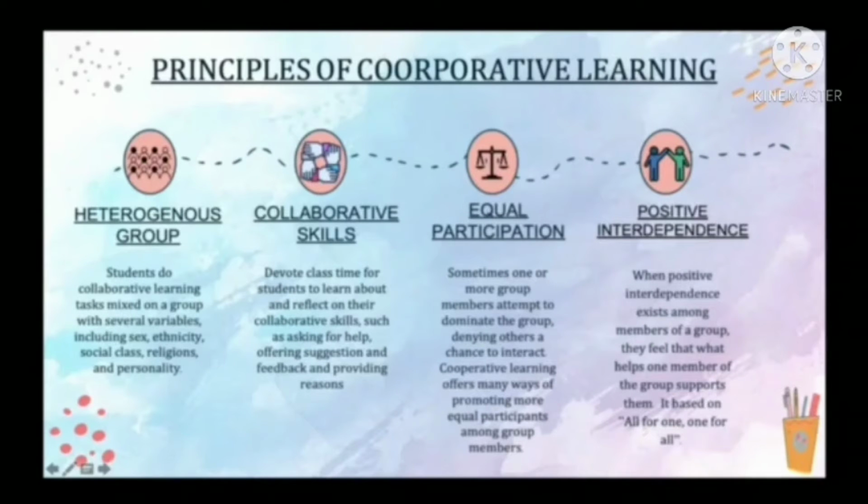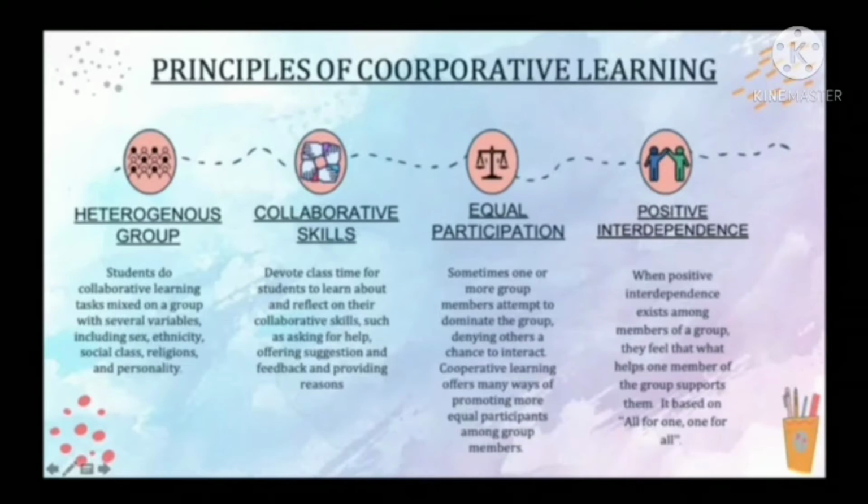The third one is equal participation. Sometimes, in a group of students, there will be students who want to lead everything on his or her own. This kind of student denies the others the chance to participate and interact in group discussion.